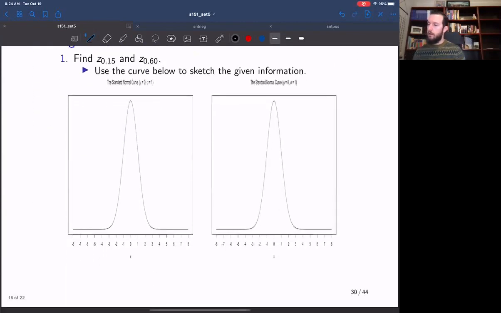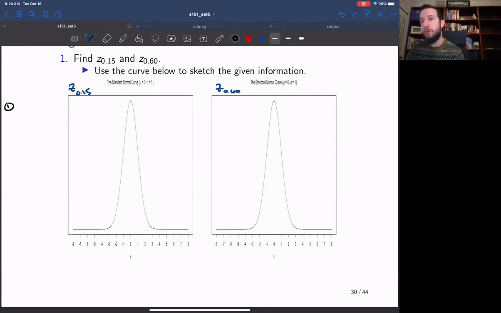All right. Okay, so we'll look at 2 more examples. In this question, find Z subscript 0.15 and Z subscript 0.6. First we'll start with Z subscript 0.15. And then here we have Z subscript 0.6.